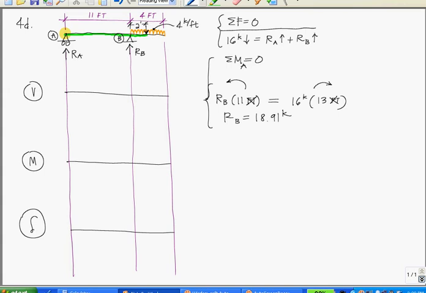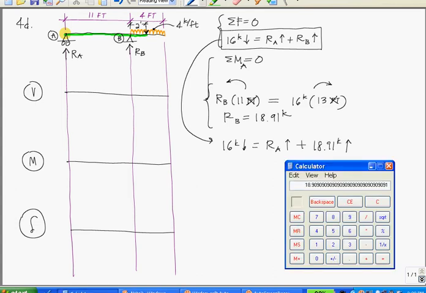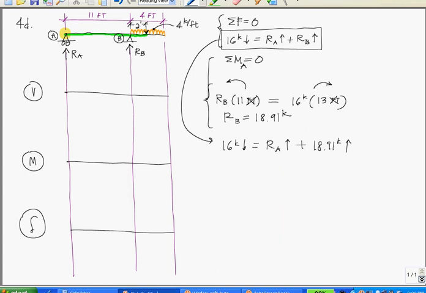However, now we can come back and plug into this equation. 16 kips down equals R sub A up plus 18.91 kips up. Let's get the calculator, and we have 16 minus 18.91 equals negative 2.91. Negative 2.91 kips up. It's the same thing as saying 2.91 kips down.